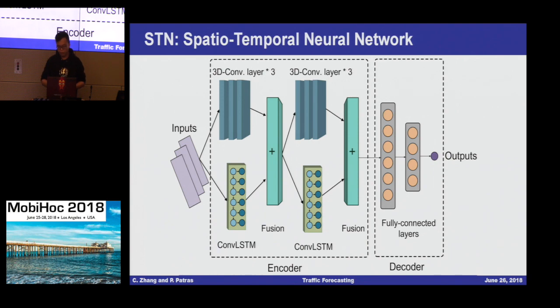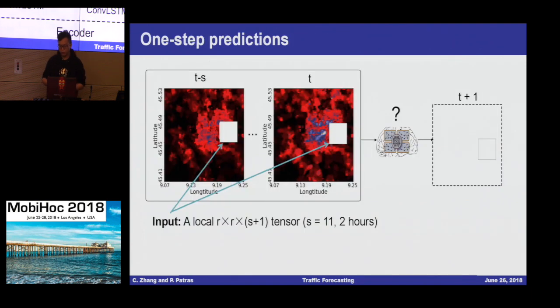So after encoding this feature, we have an encoder which is a fully connected layer. We just encode the spatial temporal representation in the final output. So instead of feeding the measurement of the entire city, here we just focus on a smaller region, which is the white box in the snapshot.